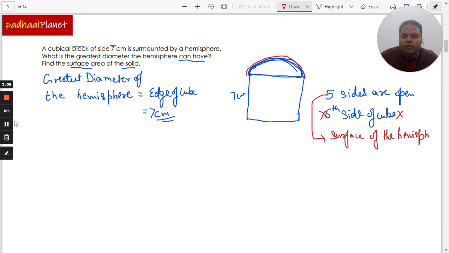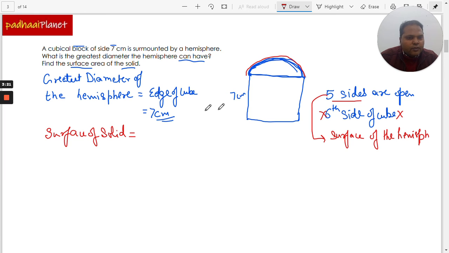So if we write down the surface area of the solid, that will be equal to the surface area of the 5 sides of the cube, that is 5a square, plus the surface area of the hemisphere, which we already know is 2 pi r square.